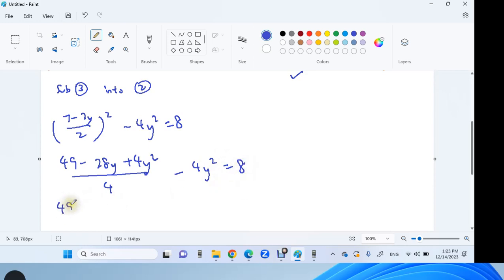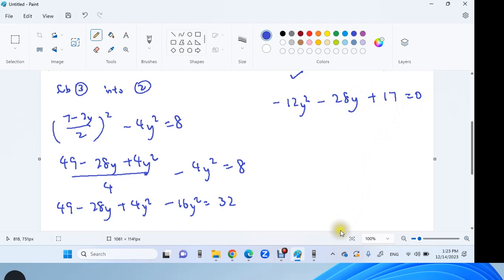And we have 49 minus 28y plus 4y squared minus 16y squared equal to 32. Then what we have here is negative 12y squared minus 28y plus 17 equal to 0.